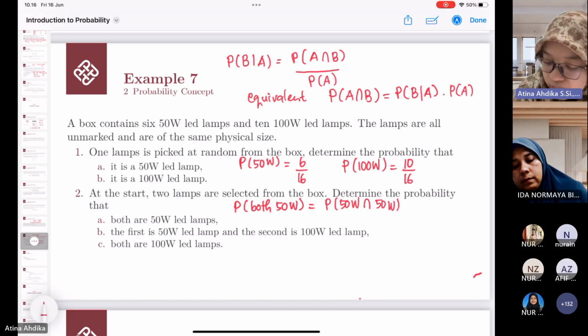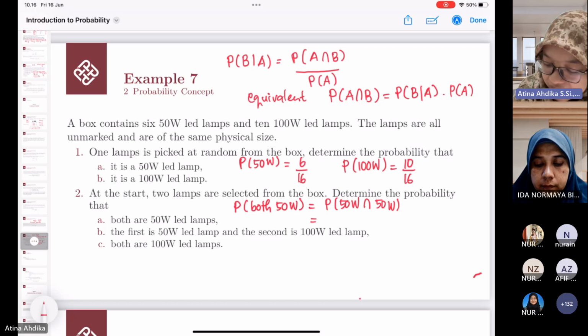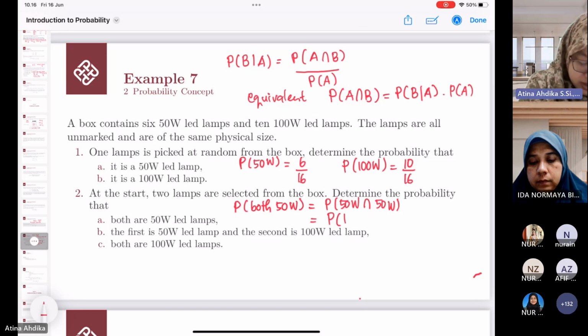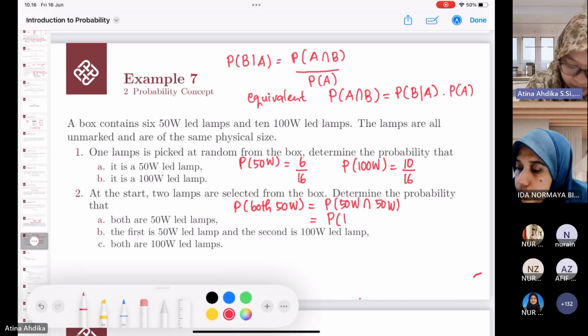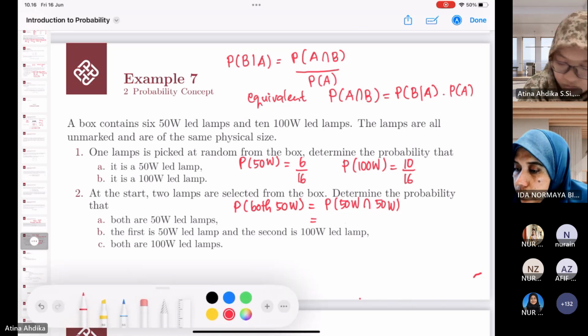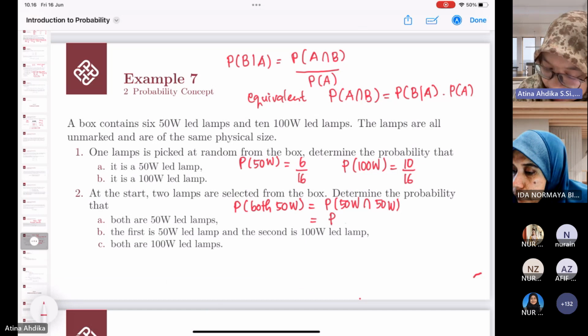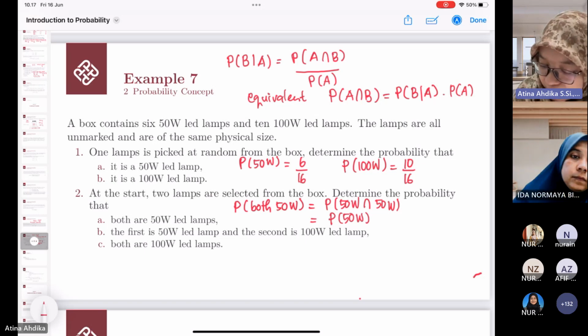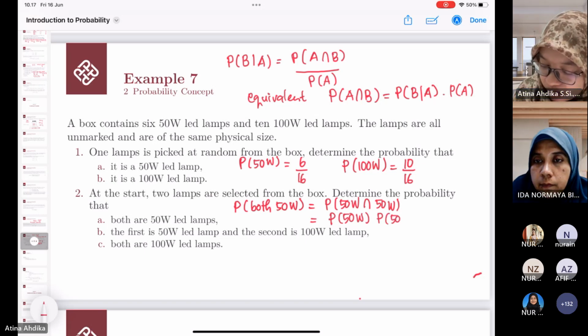So we can calculate the probability by multiplying. For the first process, we select the 50-watt LED lamp, and then for the second process, we also select the 50-watt LED lamp.